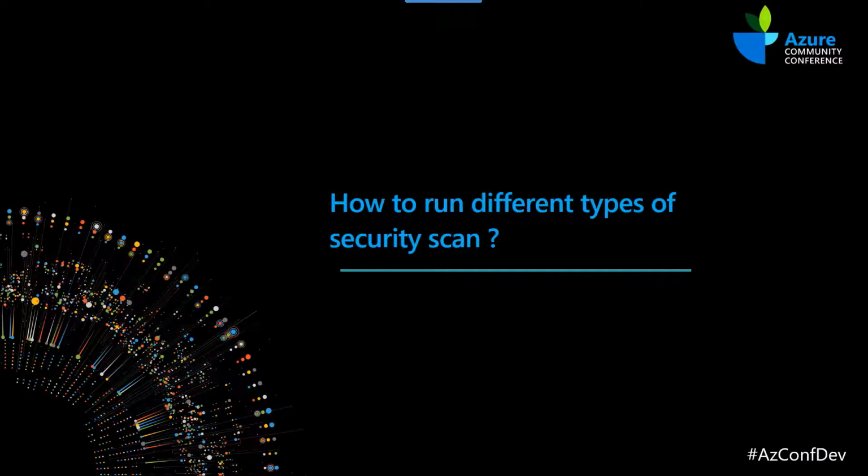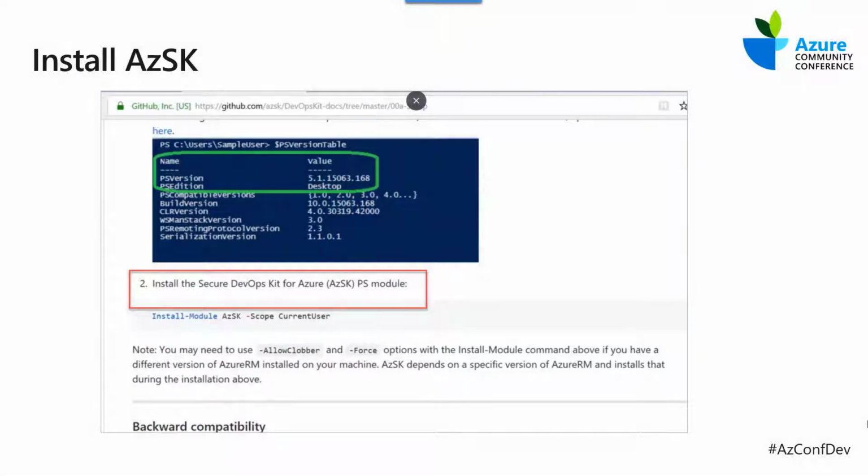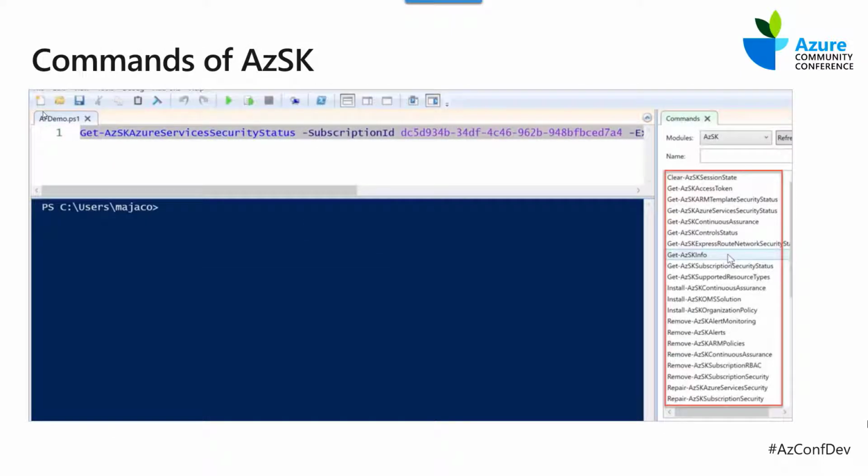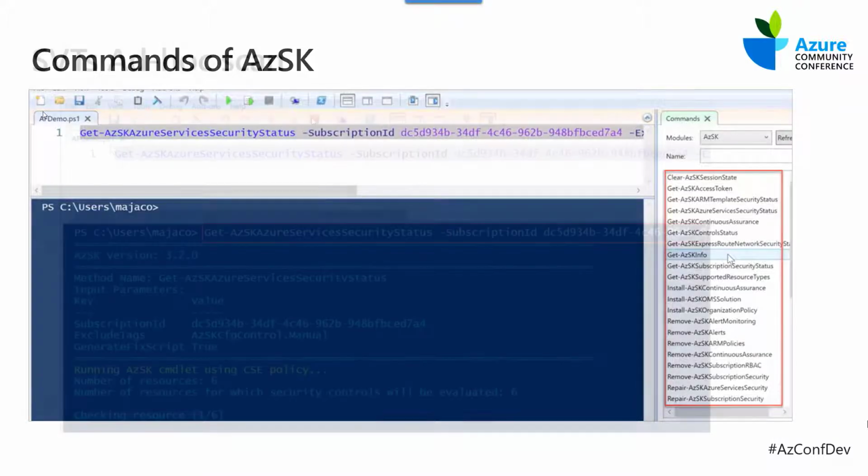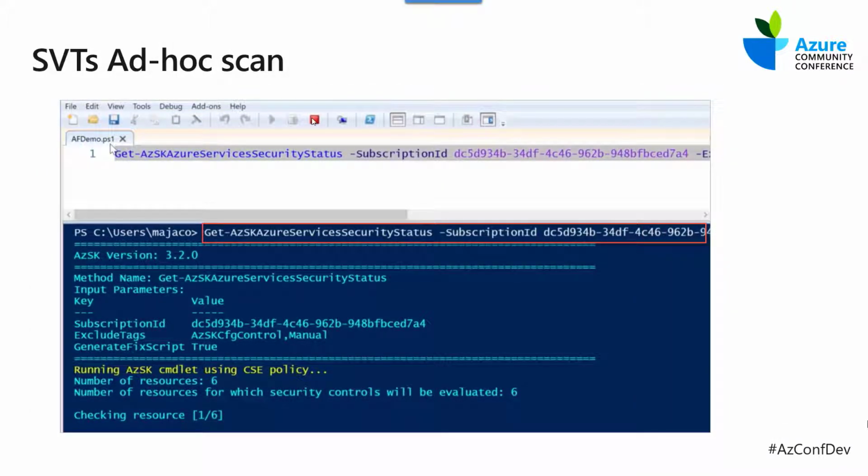So how can we run the different types of security scan? To run the ad hoc scan, first we need to install the Azure DevOps Security Kit. Once we install it, we can see all the library of different commands. To run the ad hoc scan, we just need to run Get-AzSKAzureServicesSecurityStatus and give the subscription and the resource group if needed, or all the subscriptions.